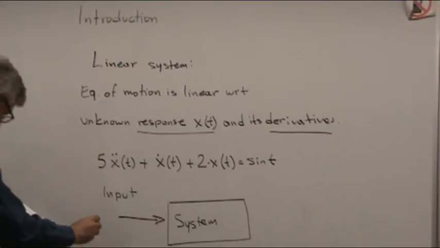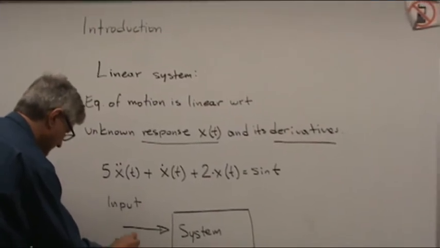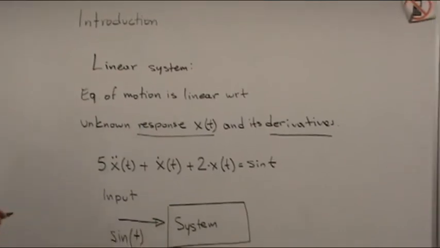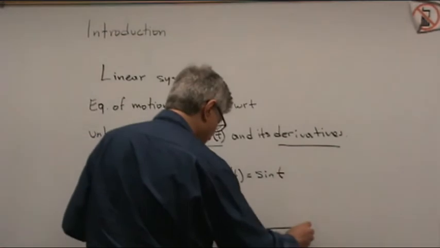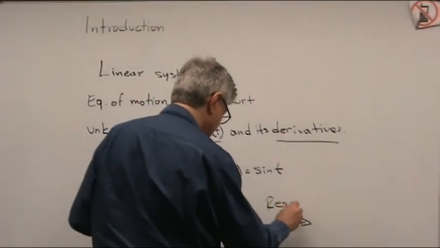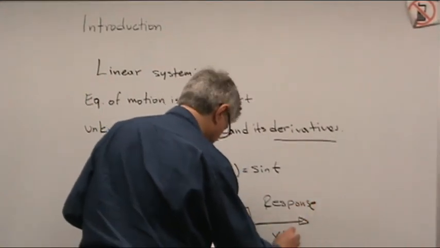In this case, it's sine of t, the input. And then the response is x of t, so that's the output.